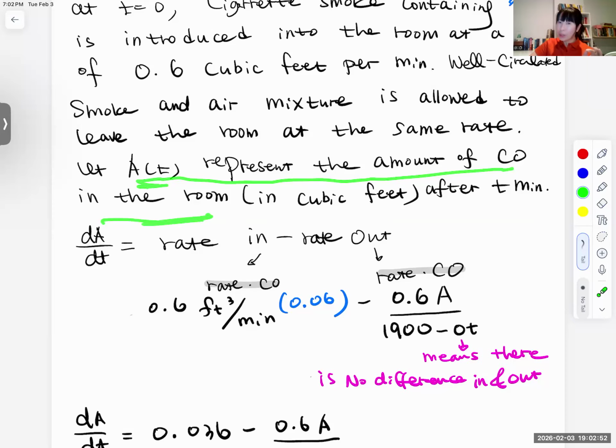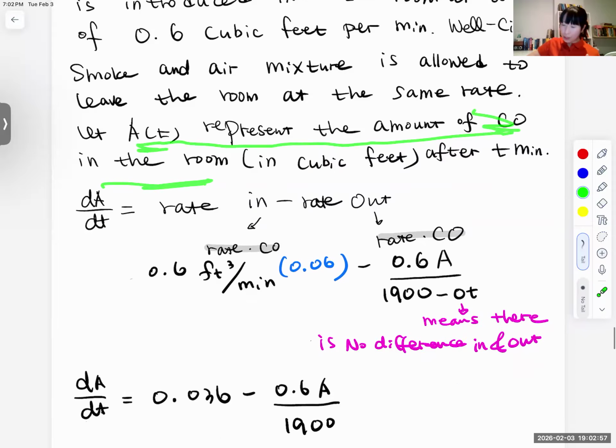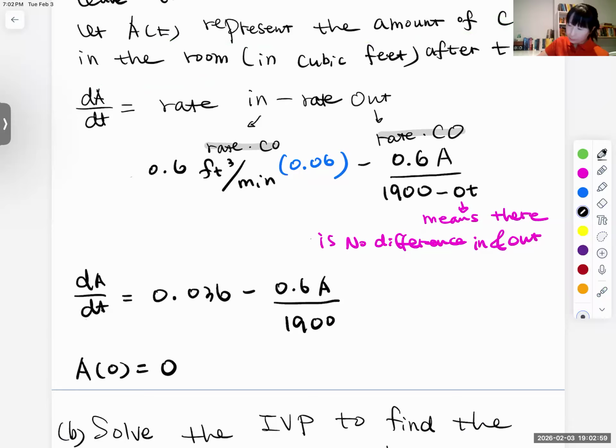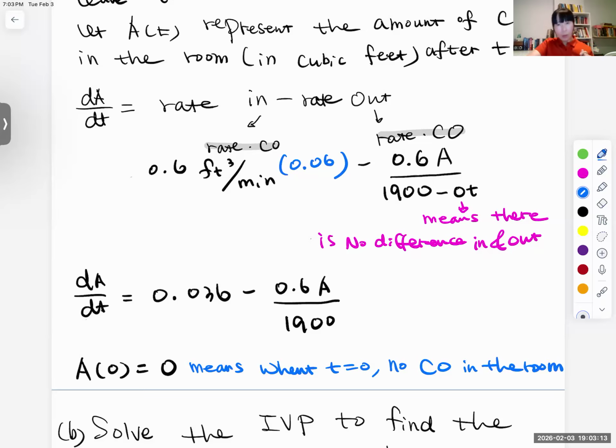So when T equal to 0, there is no carbon monoxide in the room, right? Yeah, let me write down: when T equal to 0, no CO in the room. Okay?